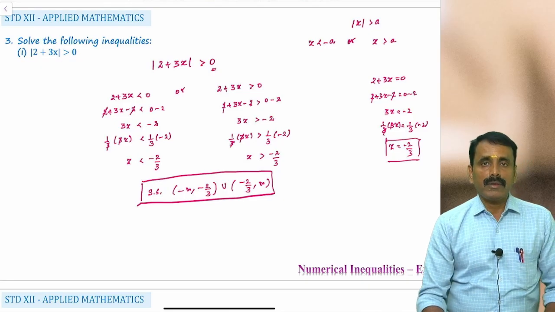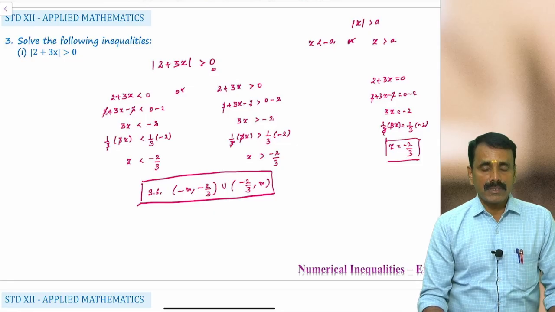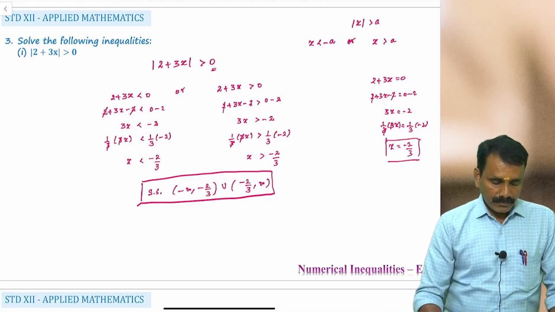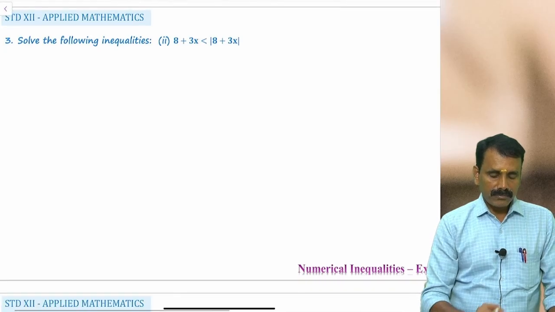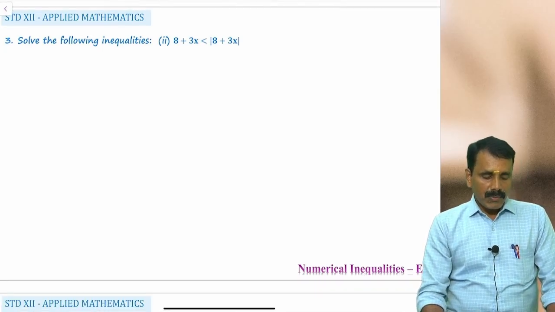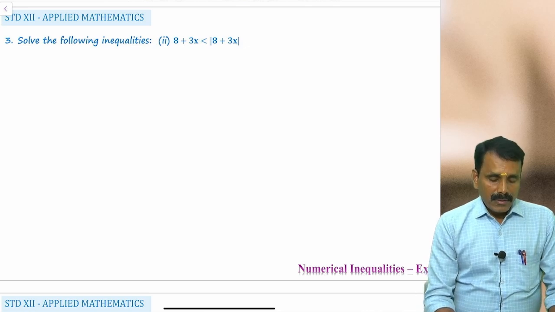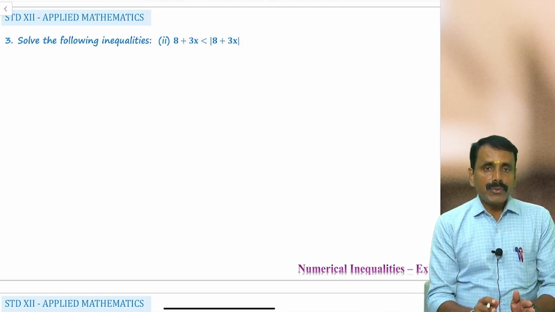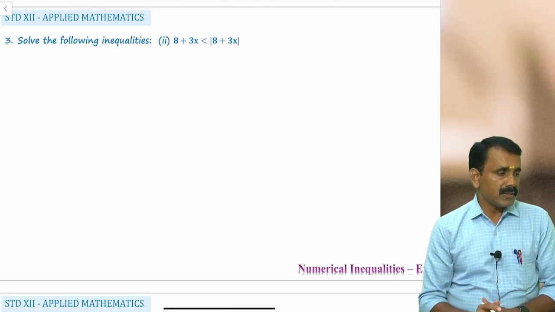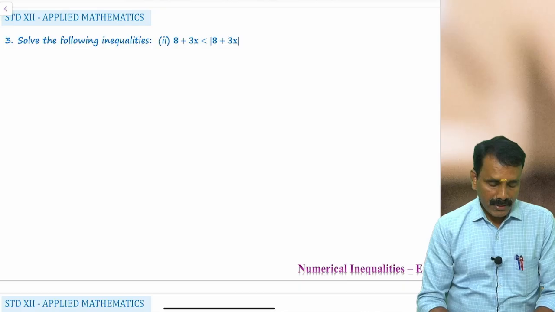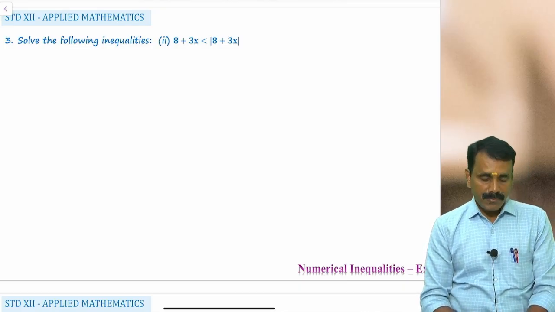So, this is a typical question, modulus of 2 plus 3x strictly greater than 0. And see this one. Usually in the inequality we used to have the numerical part alone on the left hand side or the right hand side, on the side of the inequality. But here we are having 8 plus 3x less than modulus of 8 plus 3x.